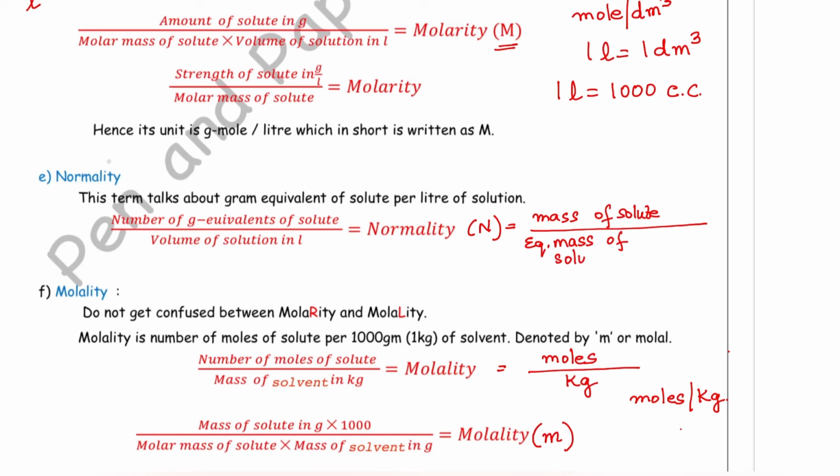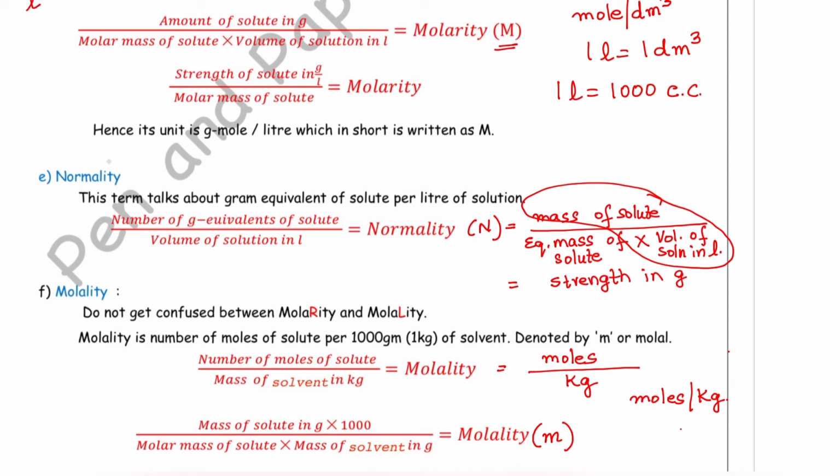Now, what is equivalent mass? In this particular video, we will not go into the details of this. We will do it as a separate task. Divided by the volume of solution in liters, right? Again, I can take mass of solute upon volume as strength in grams per liter.